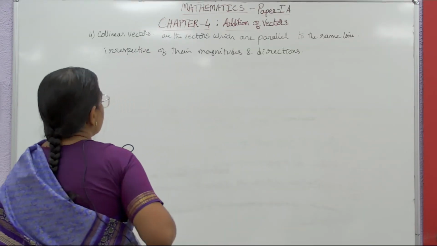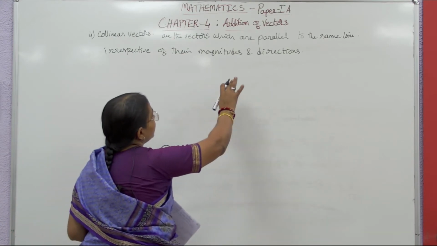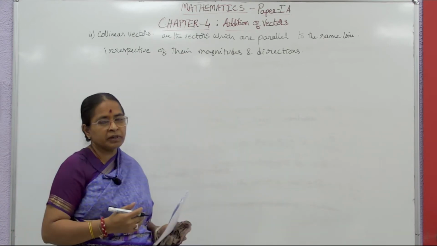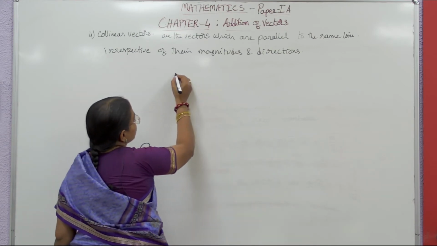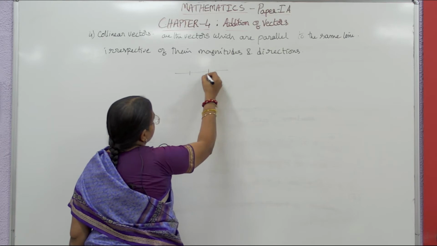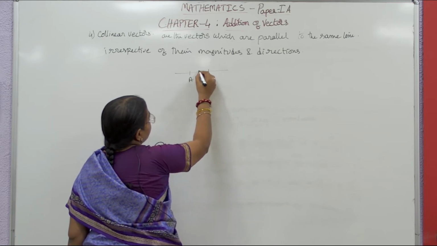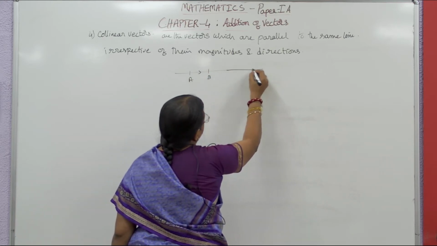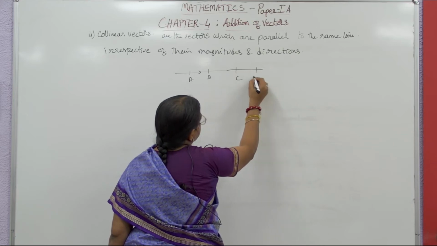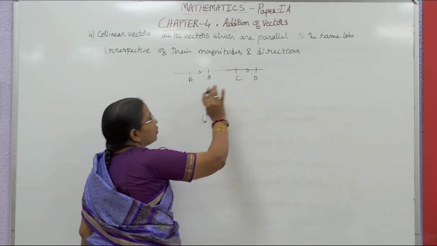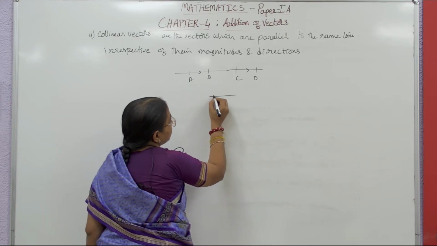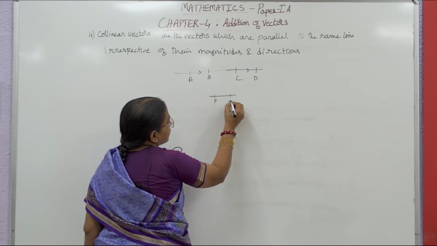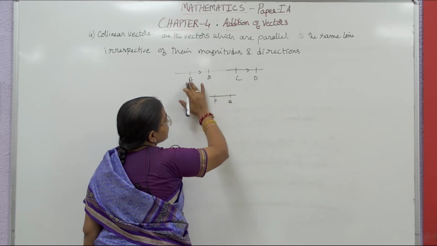Collinear vectors are the vectors which are parallel to the same line, irrespective of their magnitudes and direction. Suppose you have a vector AB like this. You can have another vector CD like this. These two are collinear vectors. Now suppose I have a vector PQ like this, with the same direction as AB and CD.